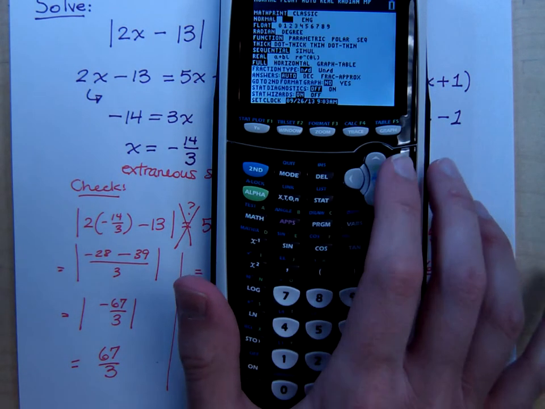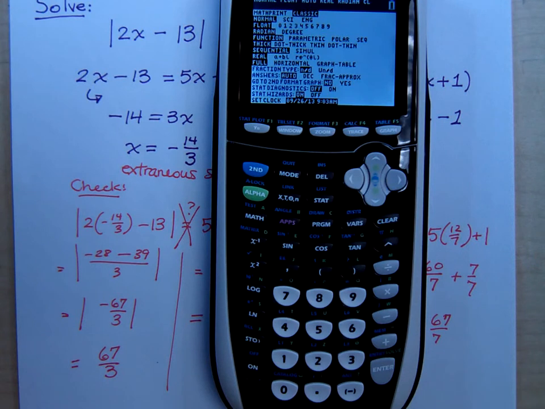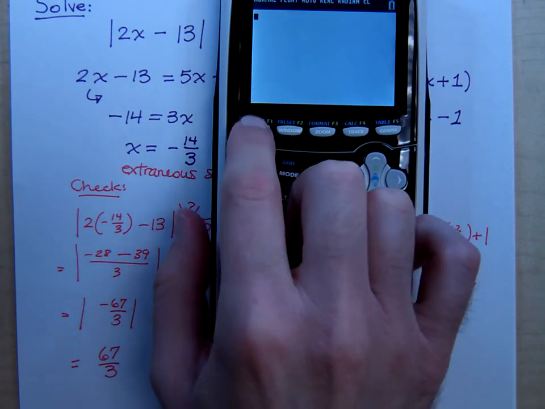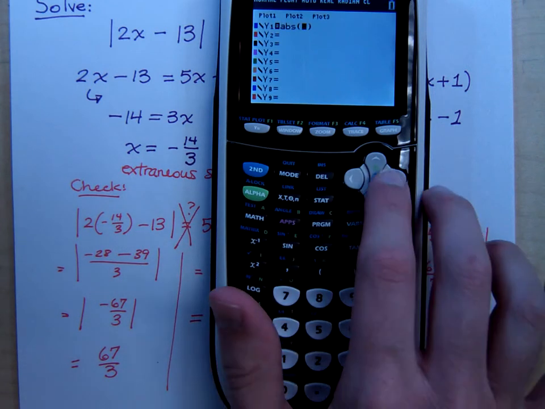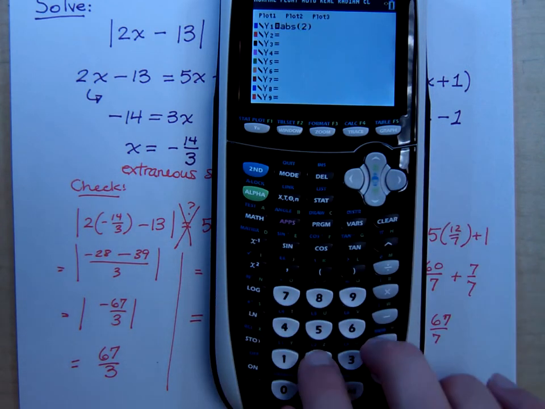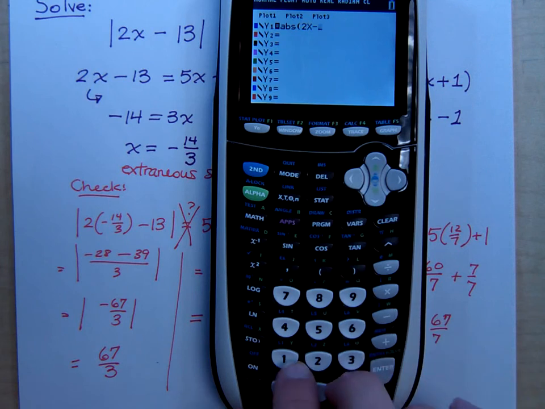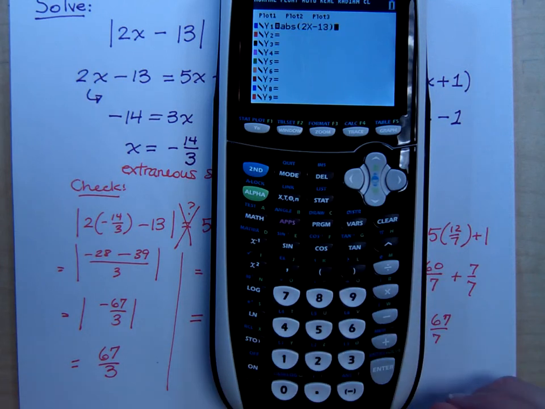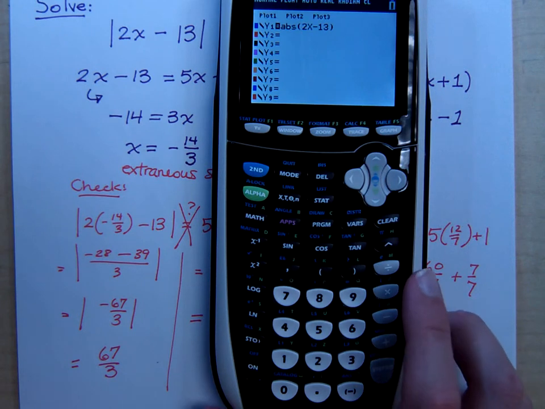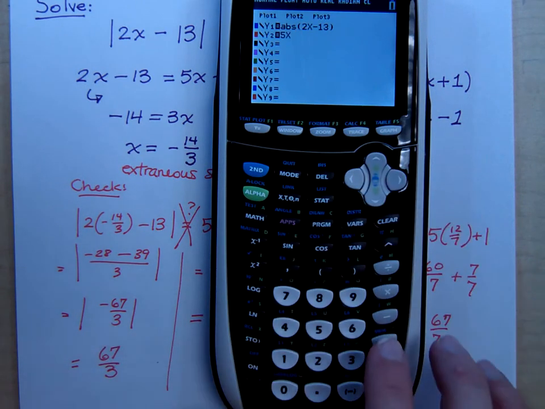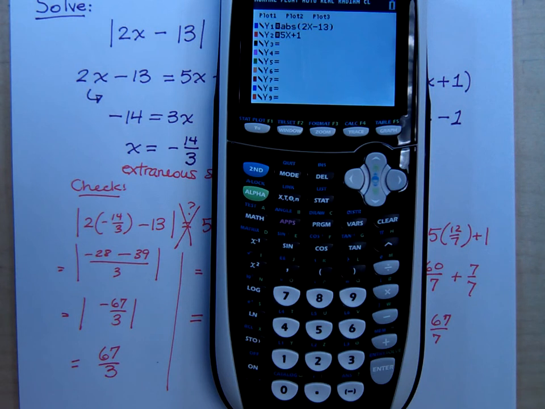I'm going to go back to the classic view of your graphing calculator. So the absolute value of 2x minus 13, and the other side I have 5x plus 1. Do you all agree? So when I graph these, I should be able to see how many intersection points.